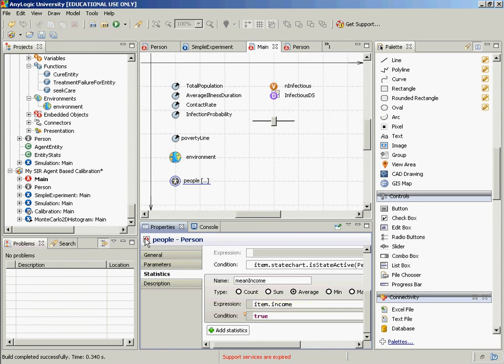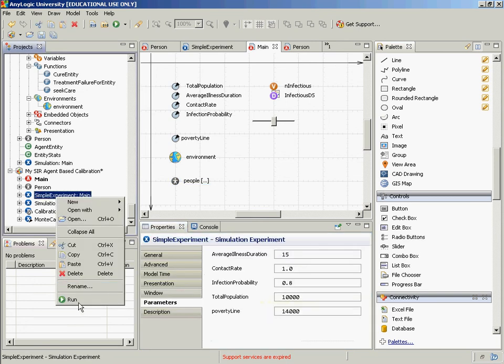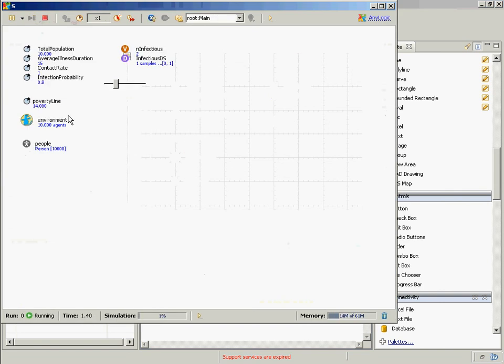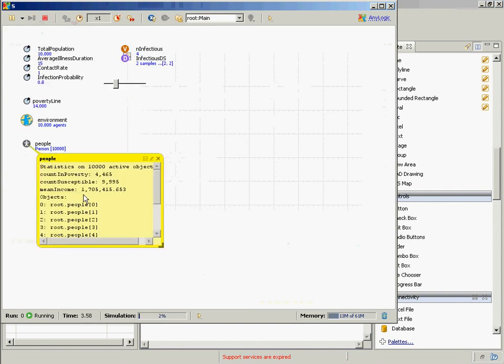Okay, so let's run that, and here we go, and we can go look at the population, and here's the mean income, $1.7 million. Here are the count of susceptible people. Okay, you notice that's going down over time. Can you see that?